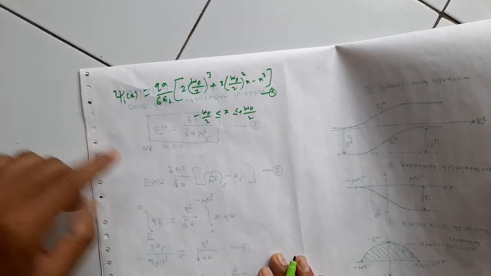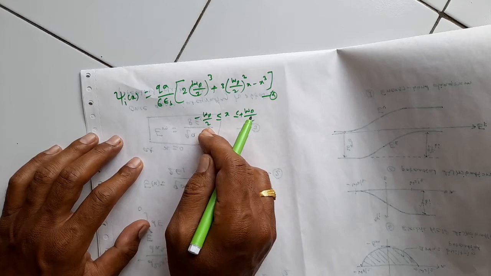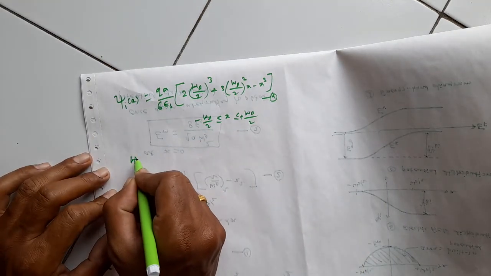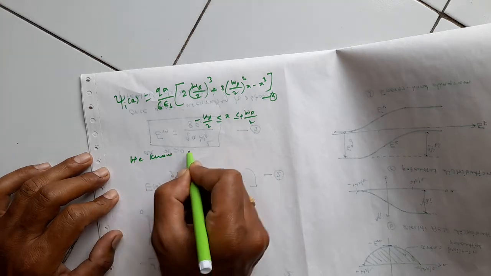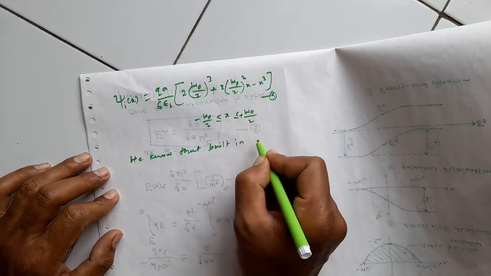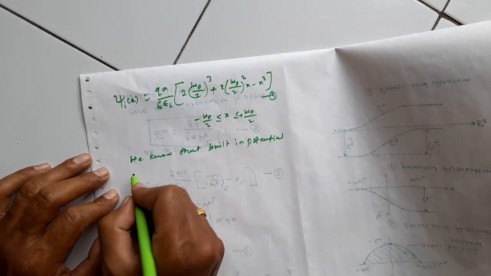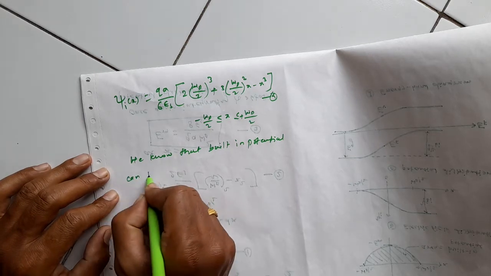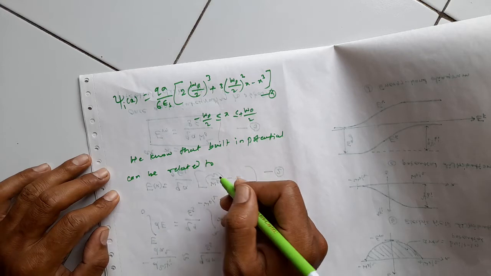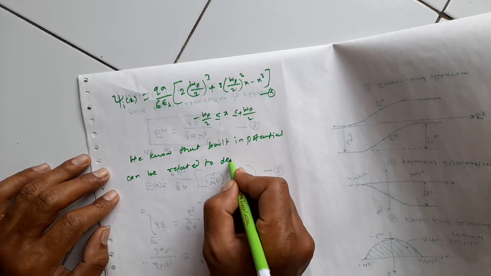So, from this equation, the built in potential can be related to the depletion width. Okay. So, what we know is that the built in potential can be related to the depletion width.